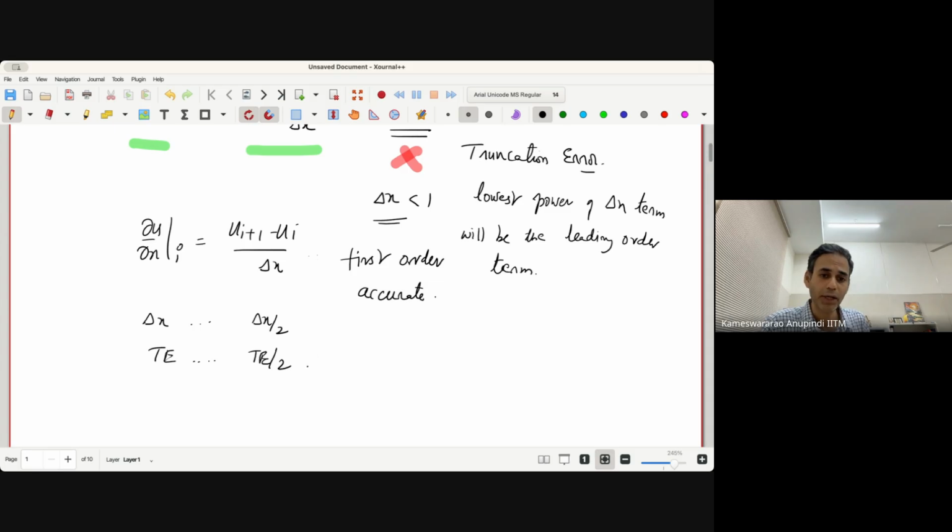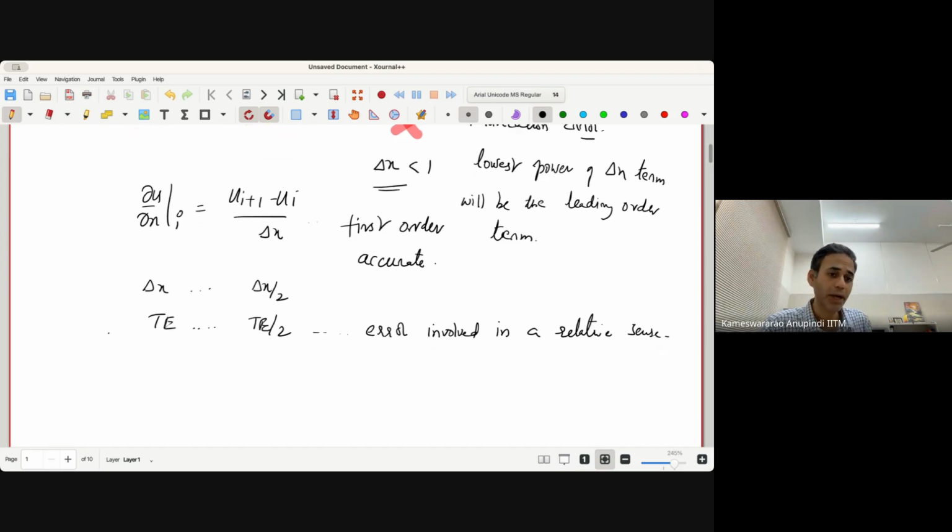Your truncation error gives you a sense of the error in a relative sense. I will not know the absolute value of the error because I am given a function u of x and I am only calculating partial u partial x at a particular point I.